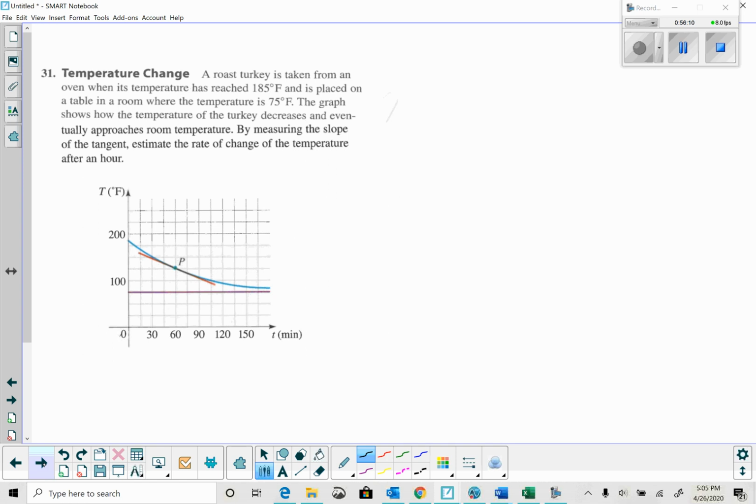Okay, so what do you see there at point P? It looks like, after a time of 60 minutes, the temperature of the bird is approximately, what, 125 degrees?